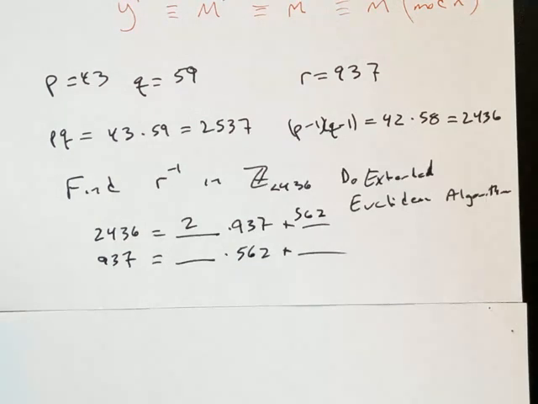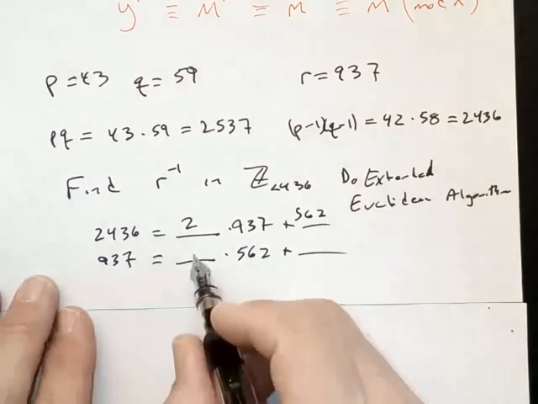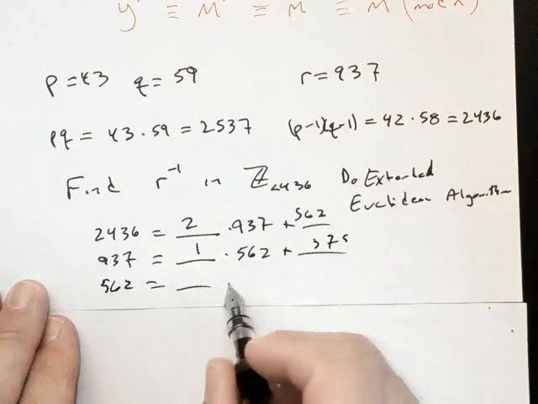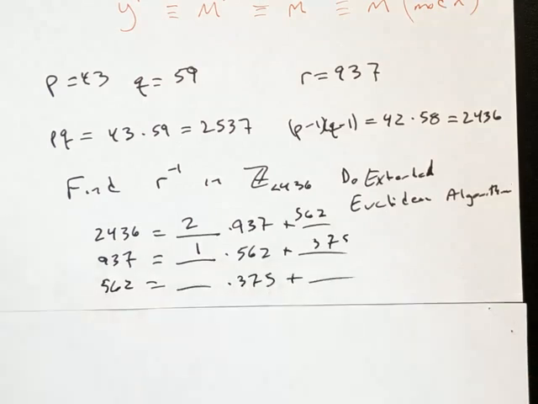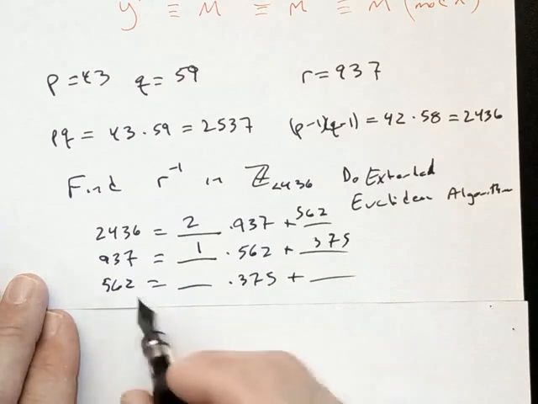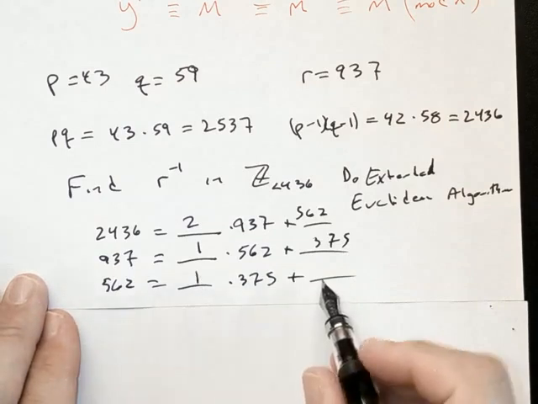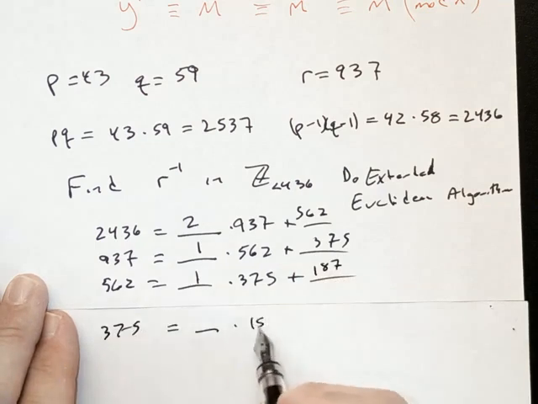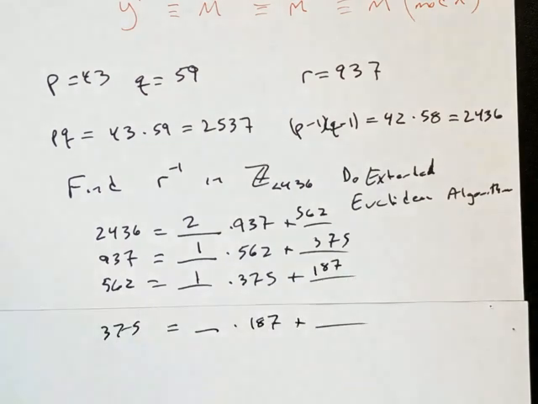So let's keep going. 562 is some number of 375s with something left over, and again, that's a 1. 375 is something times 187 with something left over. 2 times 187 is 374.